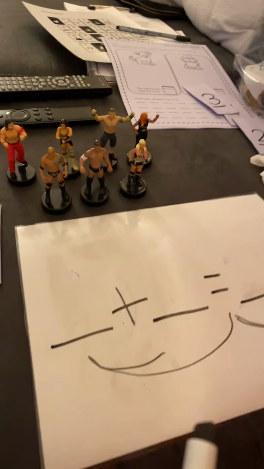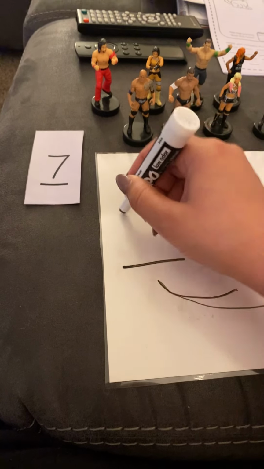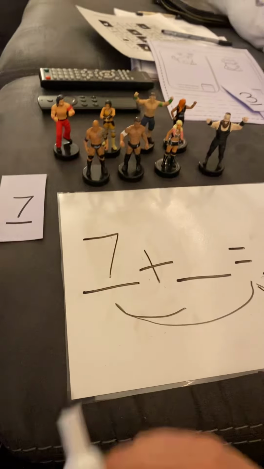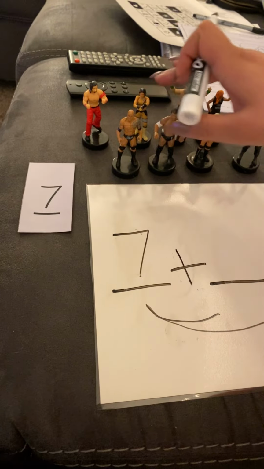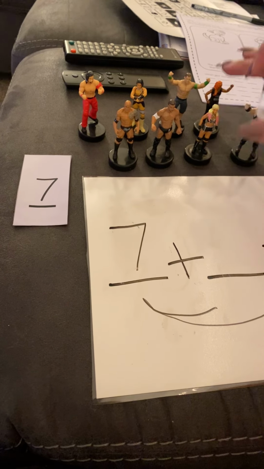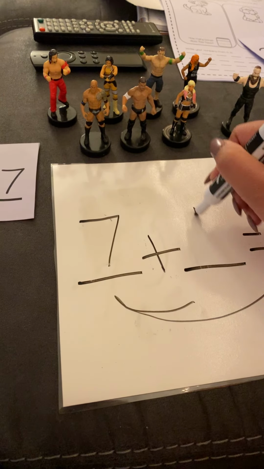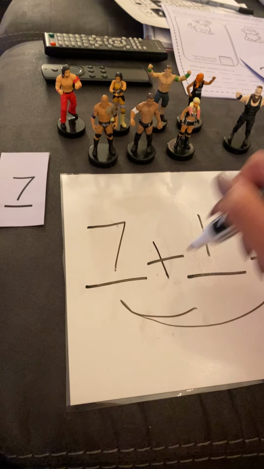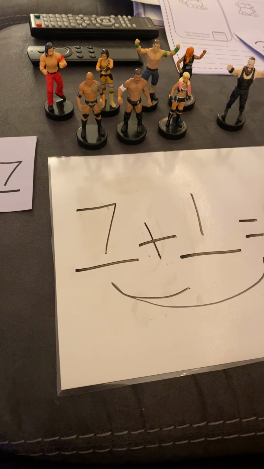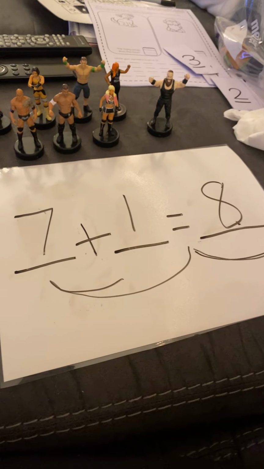We need to match me plus 1 more. Okay, so we started with number 7. 1, 2, 3, 4, 5, 6, 7. Plus, good job, 1. So 7 plus 1 more equals 8.